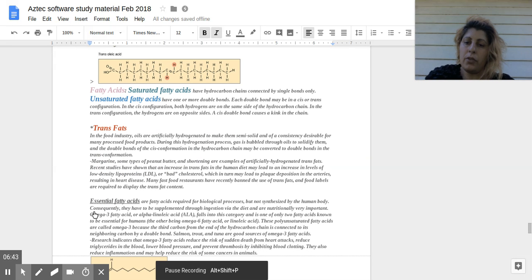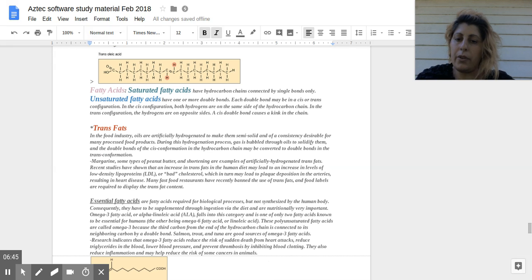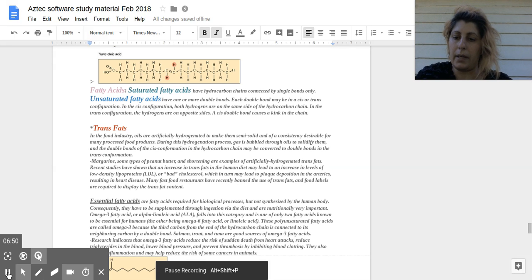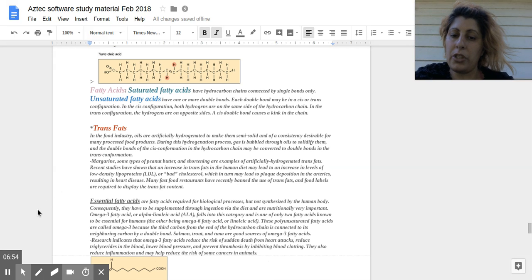So, essential fatty acids are fatty acids required for biological processes but not synthesized by the human body. Consequently, they have to be supplemented through ingestion via the diet and are nutritionally very important.